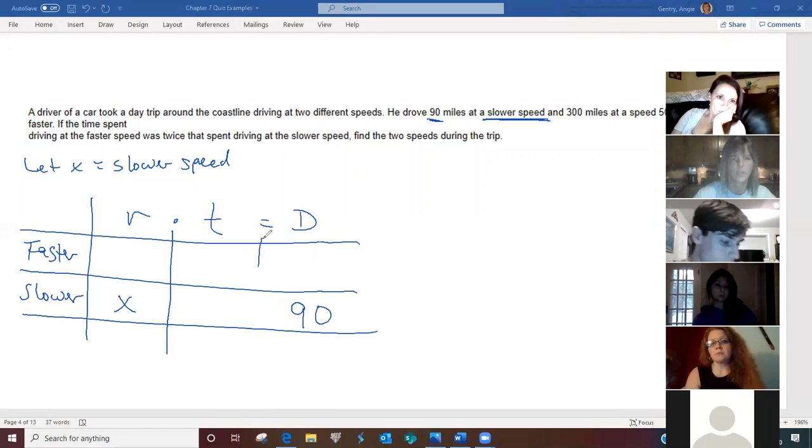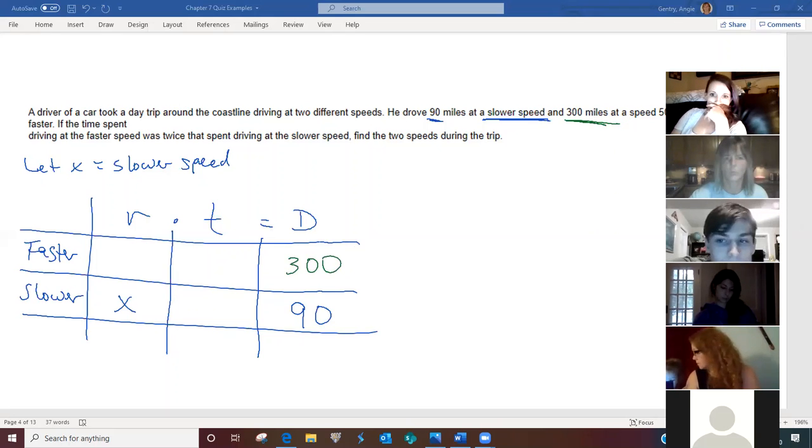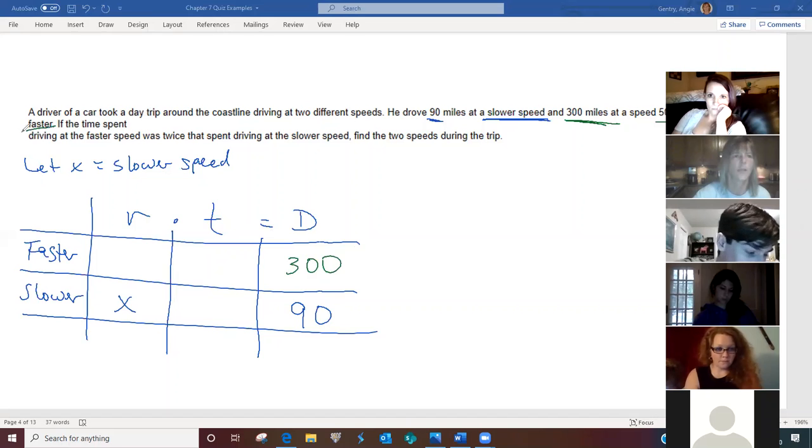I have to sort this out so I don't get confused. Then 300 miles is the further distance at 50 miles per hour faster. The key word is faster, meaning this is X plus 50.